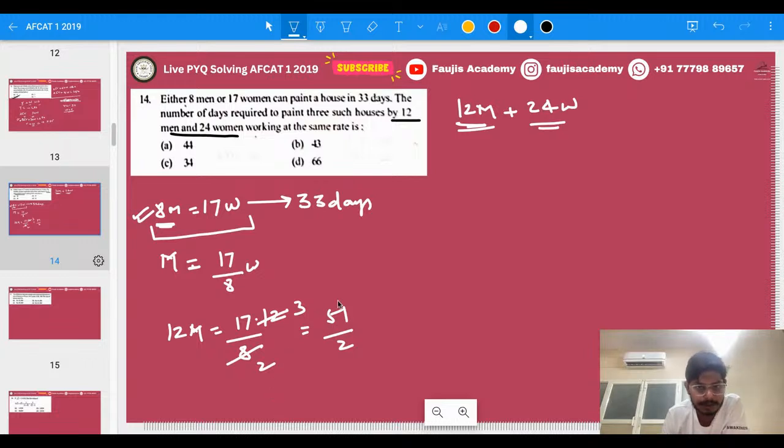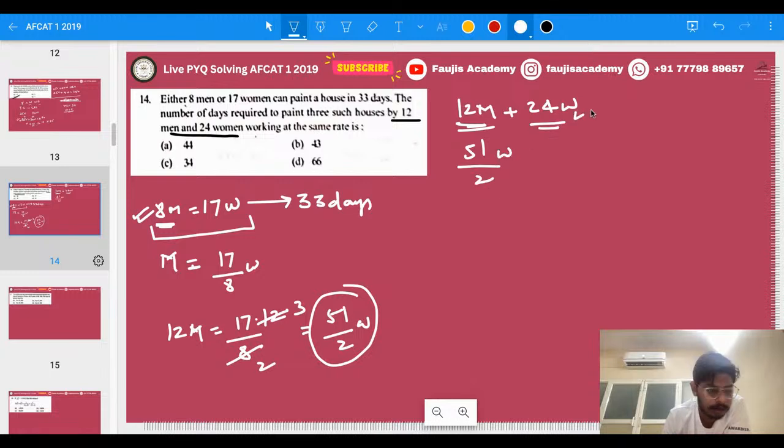Yes, that's correct. 51 by 2 women. One mistake I made while solving this question was that I forgot to add this 24. Please don't make this mistake. If you add these two, 48 plus 51 is 99 by 2 women, right?